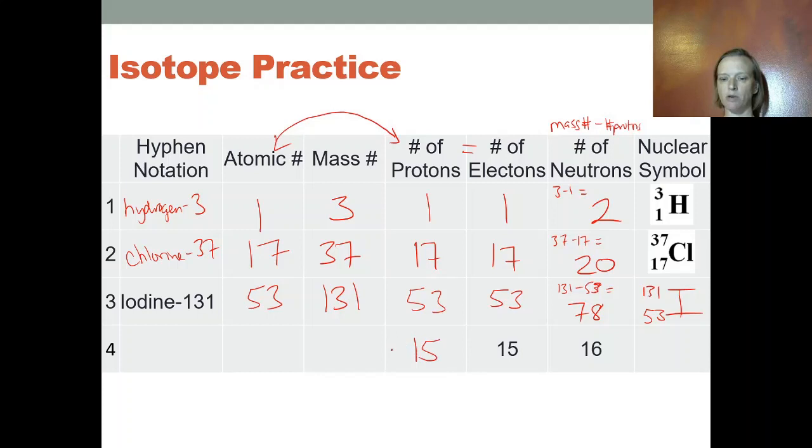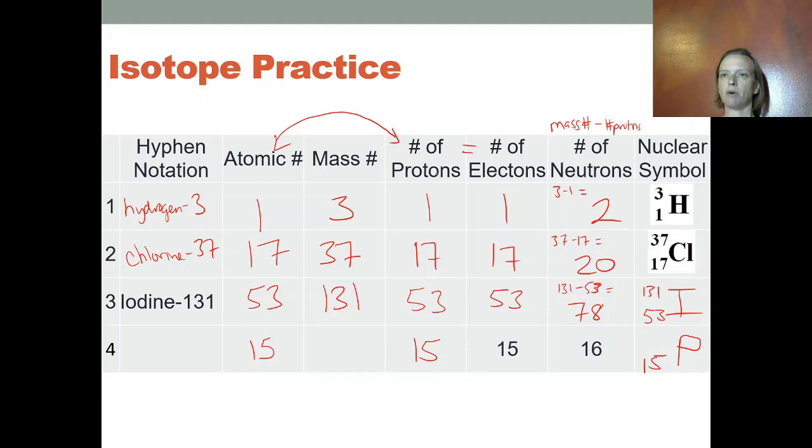must have 15 protons. So I look that up on my periodic table, and if I have an atomic number of 15, that corresponds to phosphorus. So I know that I have phosphorus, and I need to know what my mass number is here.